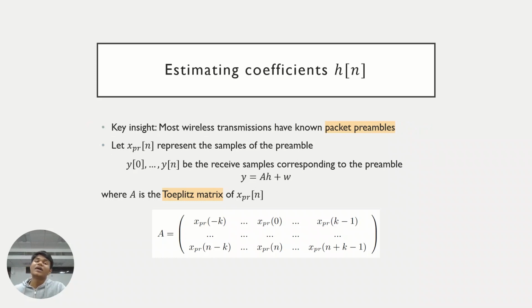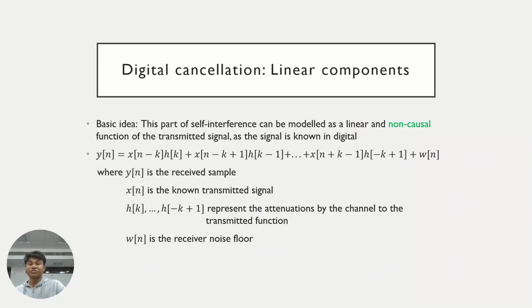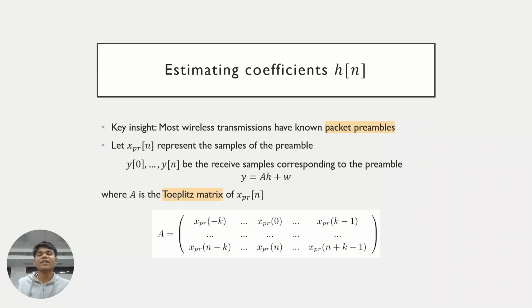Now, how do we estimate these coefficients, h of k? We do that again by employing a key insight that most wireless transmissions have known packet preambles.